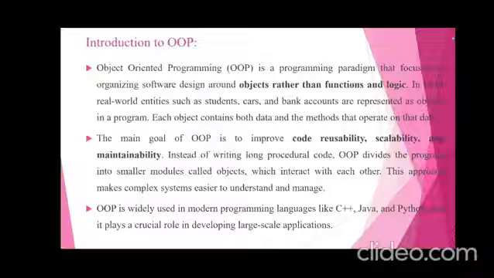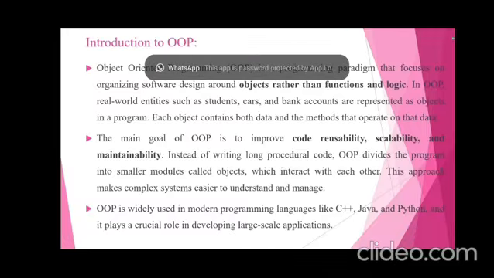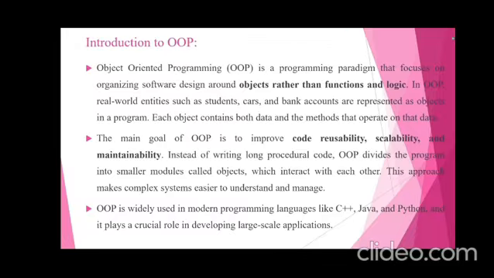So object-oriented programming is very important when developing large and complex applications like banking systems, web applications and mobile apps because it helps in organizing the code in a better and more efficient way. So, in simple terms, object-oriented programming makes it easier to build, manage and scale large software systems.